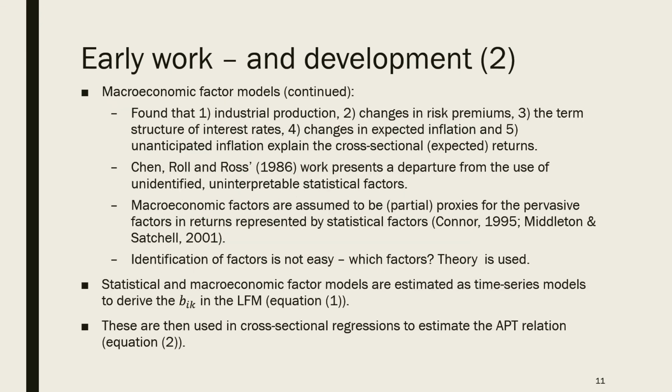And Chen, Roll, and Ross suggested specific macroeconomic variables that could be used to explain the behavior of stock markets. They suggested that these variables are, number one, industrial production, two, changes in risk premiums, the term structure of interest rates, changes in expected inflation, and unanticipated inflation.